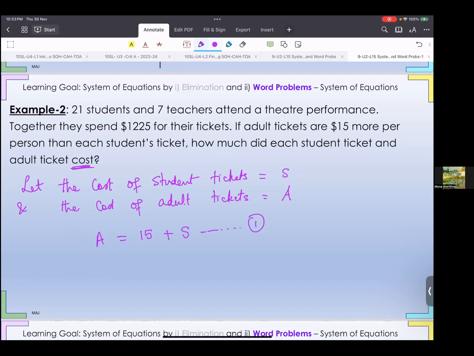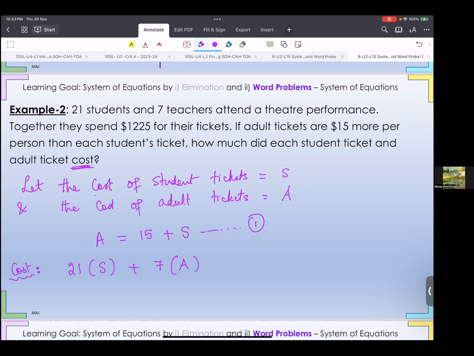So we have 21 students and 7 teachers. And so now we're looking at the cost. So 21 students times the cost of the tickets plus 7 teachers, so they are adults, right? The cost, so this is the cost equation.